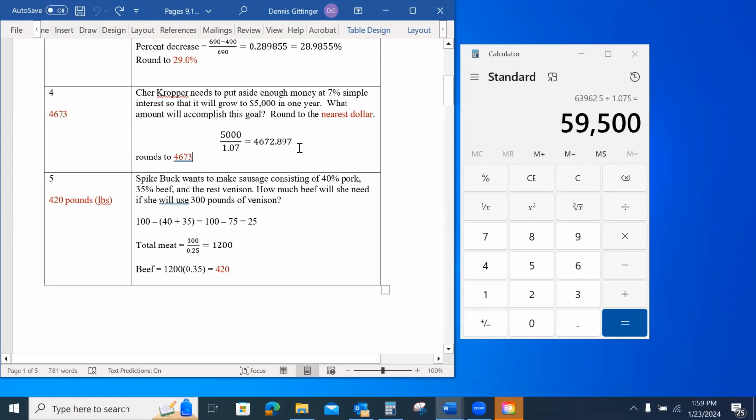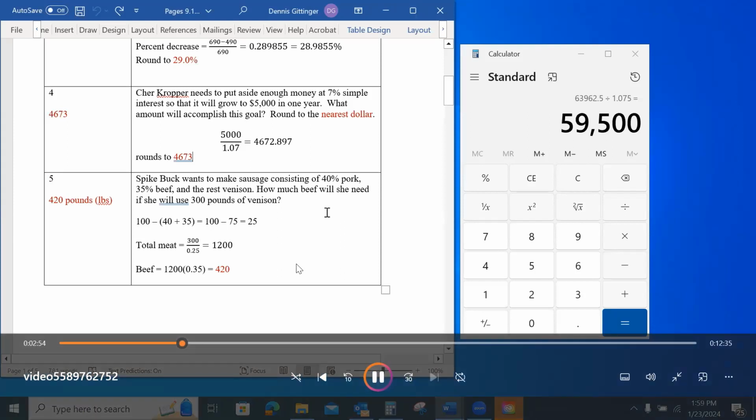And that number plus 7% of itself is 107% of itself. So 5,000 must be 107% of something. And to figure out what that something is, you have to divide by 1.07.